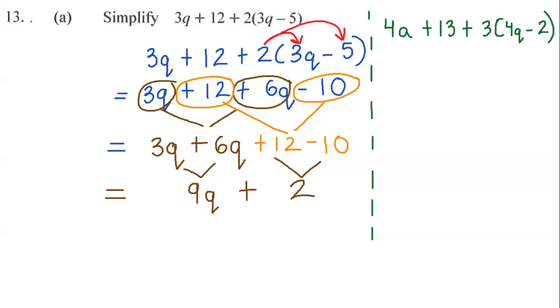Oh, I can't use Q. I have to use A, right? So let's try this again. I don't use 4A again, that's too many 4s. Let's use 5A. Good. So we have 4A plus 13 plus 3, open bracket, 5A minus 2.